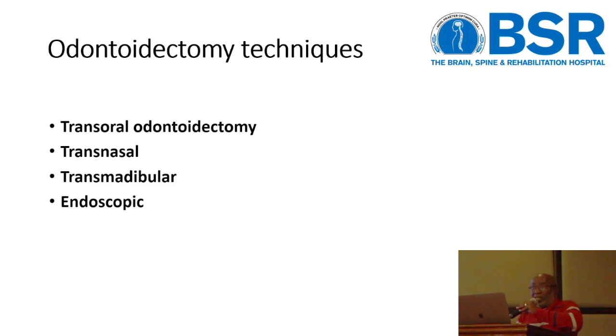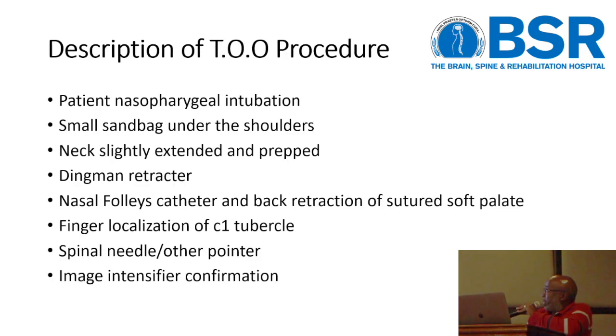Now, the techniques here: we could go transoral through the mouth, through the nose, endoscopic, transmandibular, depending in most cases on the surgeon's preference. In my practice, we do nasopharyngeal intubation, put a small sandbag behind the shoulders so that the neck is slightly extended, and you use a Dingman retractor.